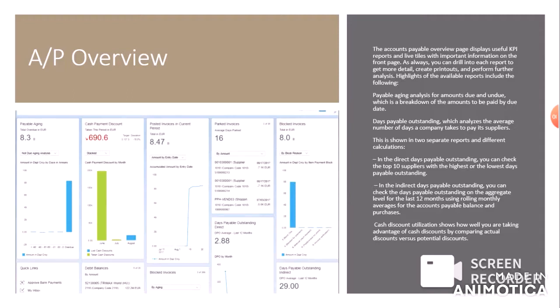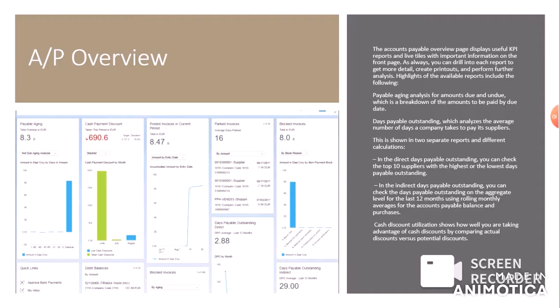Highlights of the available reports include the payable aging analysis for amounts due and undue, which is a breakdown of the amounts to be paid by due date. Days payable outstanding gives us the details of analyzing the average number of days a company takes to pay its suppliers. This is shown in two separate reports and different calculations.